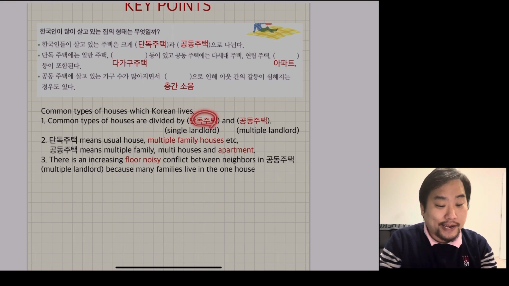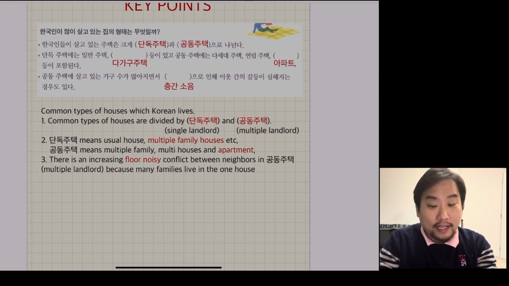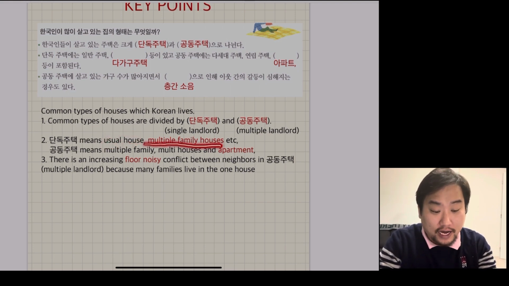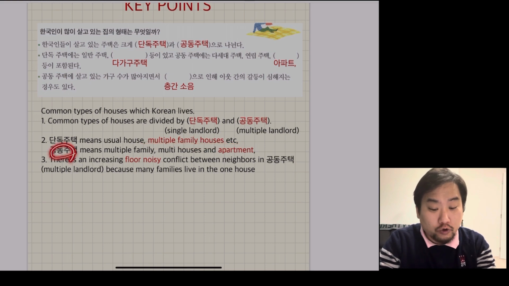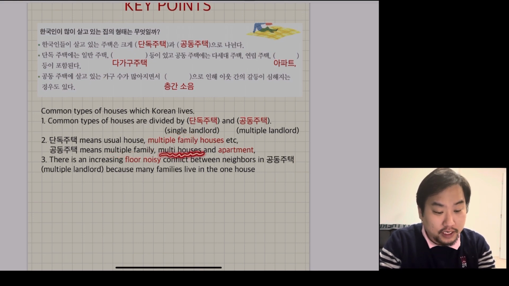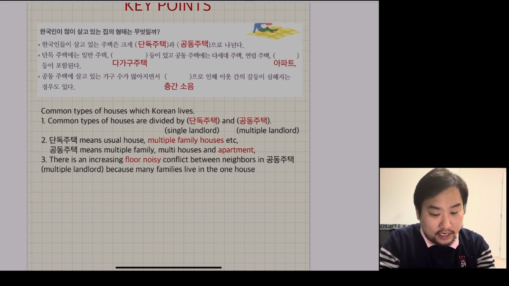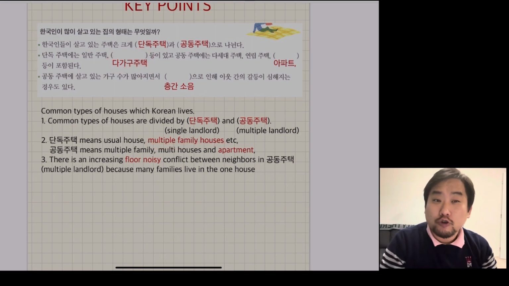First, 단독주택, second, 공동주택. 단독주택 with a single landlord means just a usual house to Western persons, or multiple family houses and so on. And 공동주택 also means multiple families: multiple family houses, multi-houses and apartments. So the representative type of 공동주택 is the apartment, and 단독주택 is the multiple family house, 다가구 주택.